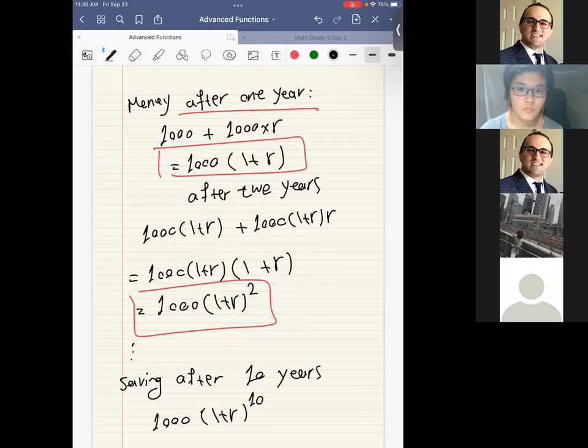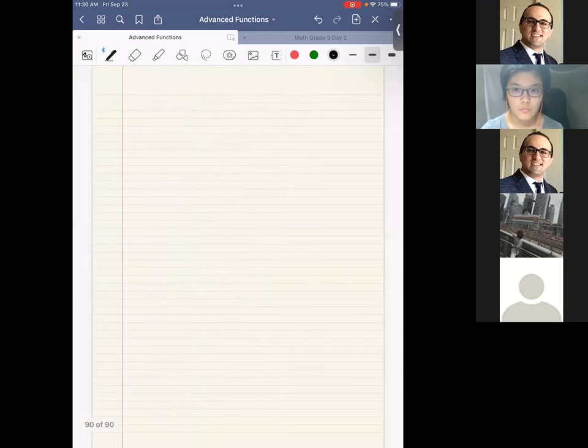Now, imagine that the bank or the financial institution tells you that they compute the interest monthly. That means you divide your rate by 12, but you compute the interest each month.